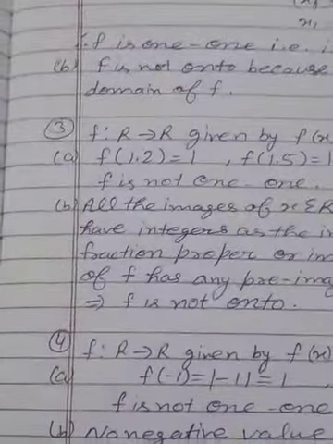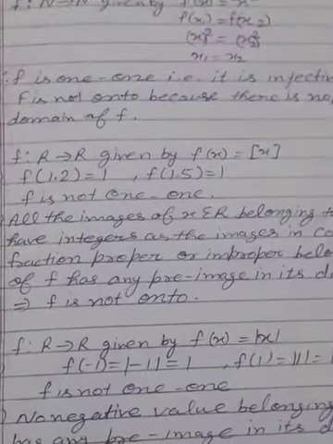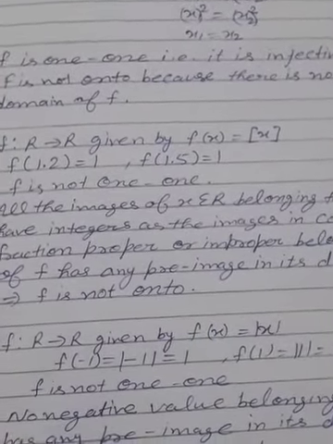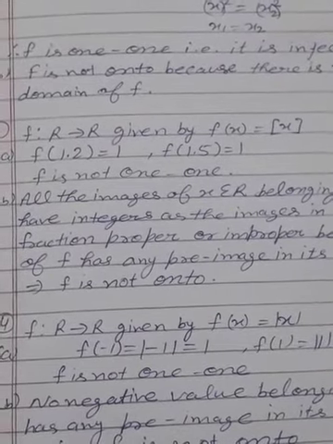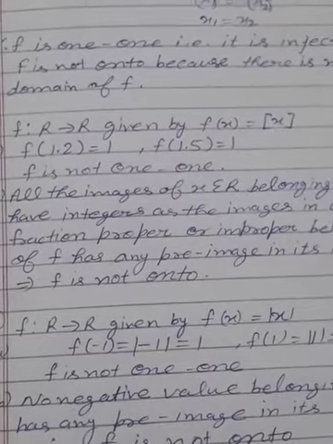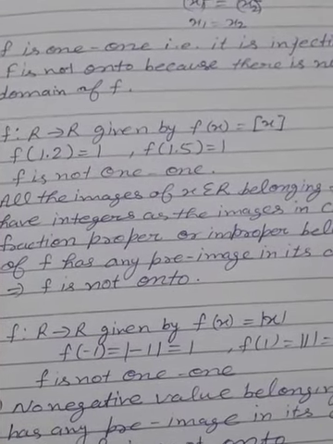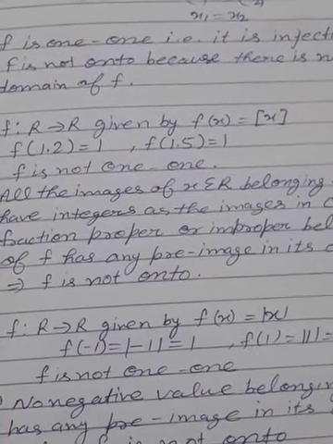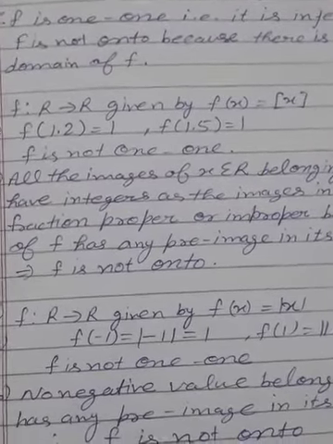Okay, now question number 3, f: R to R given by f(x) equal to [x]. When we put f of 1.2, it is equal to 1, and f of 1.5 is also equal to 1. f is not one-one because the images are equal for different values.